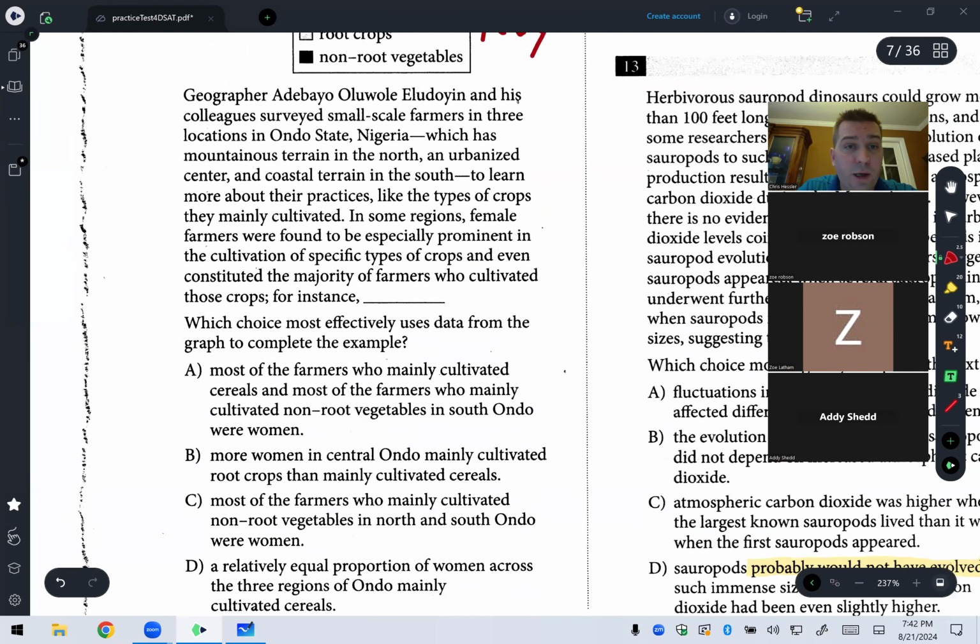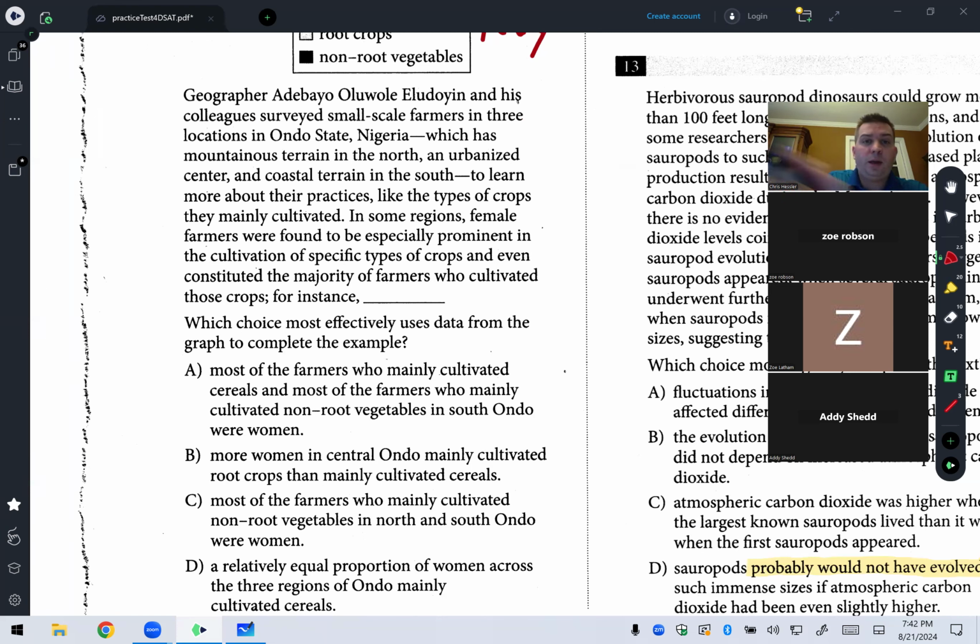I'm going to read it, and then we have to figure out which answer choice uses data from the graph to complete the example. Geographer Adebayo Eludoyin and his colleagues surveyed small-scale farmers in 3 locations in Ondo State, Nigeria, which has mountainous terrain in the north, an urbanized center, and coastal terrain in the south, to learn more about their practices, like the types of crops they mainly cultivated.